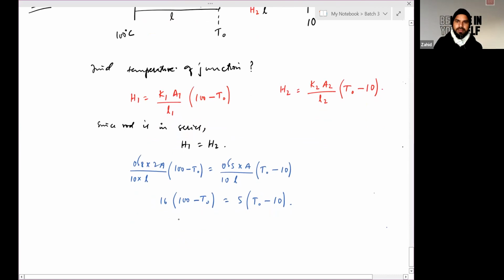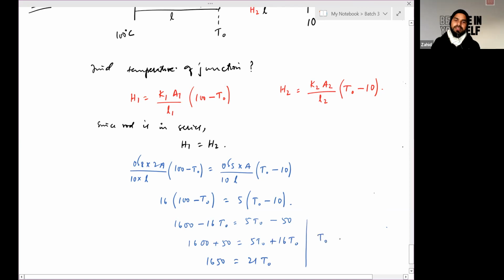So if you multiply this part, you will get 1600 minus 16 T naught equals 5 T naught minus 50. 16 T naught moves to the right side and 50 to the left side. So it will be 1600 plus 50 equals 5 T naught plus 16 T naught. So 1650 equals 21 T naught.